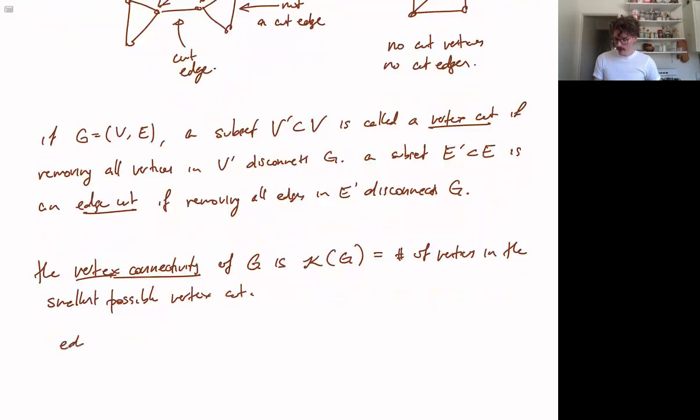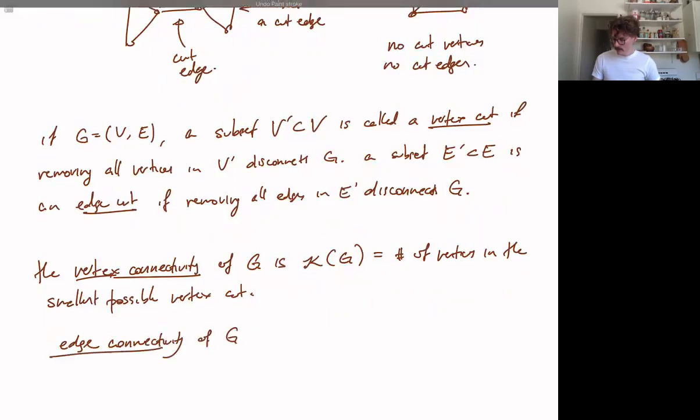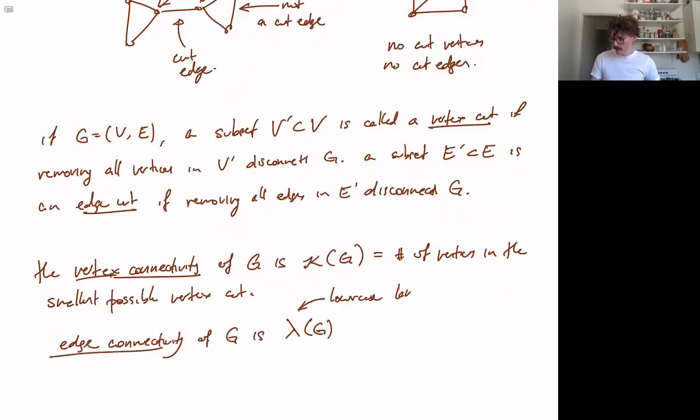And similarly, the edge connectivity is denoted lambda of G. So this is the lowercase Greek letter lambda.